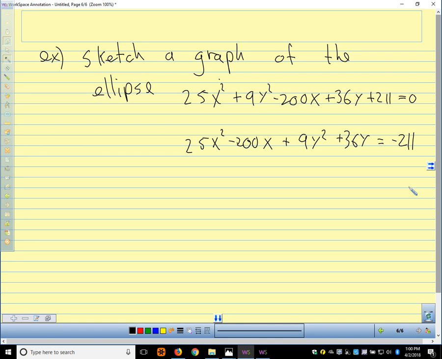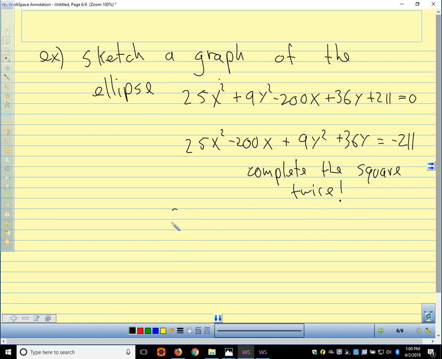Now what do we do? Complete the square twice. So I'm going to complete the square on the x part and on the y part.